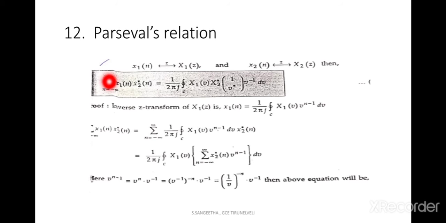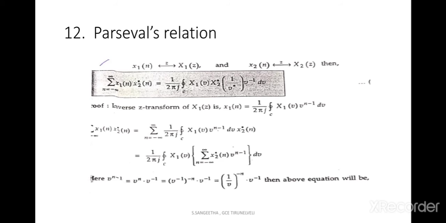Then according to Parseval's theorem, the summation of n equal to minus infinity to infinity x1 of n x2 dash of n is equal to 1 by 2 pi j into the integration of X1 of v X2 dash of 1 by v dash, v to the power minus 1 dv. For the inverse z transform of X1 of z, x1 of n is equal to 1 by 2 pi j into the integration of X1 of v v to the power n minus 1 dv.